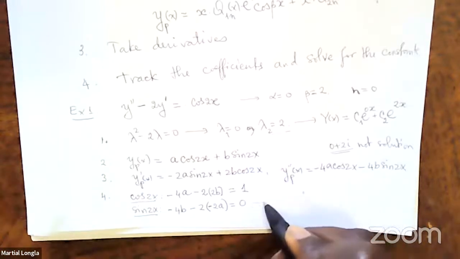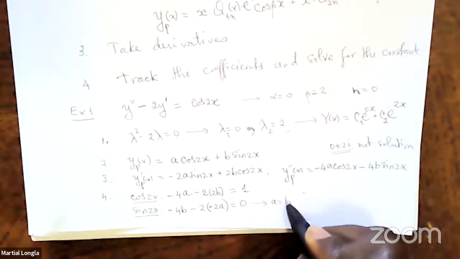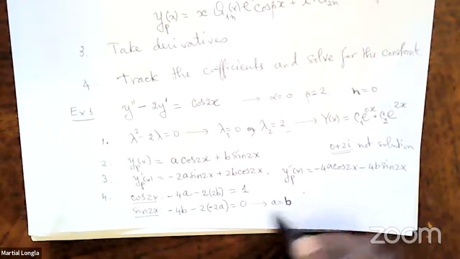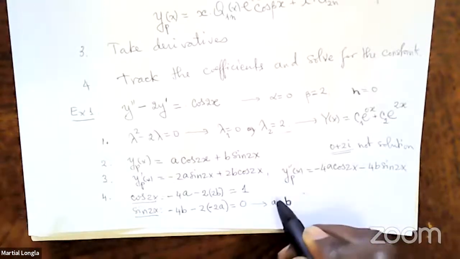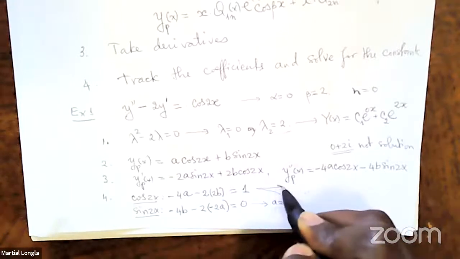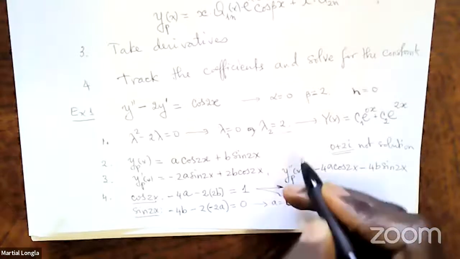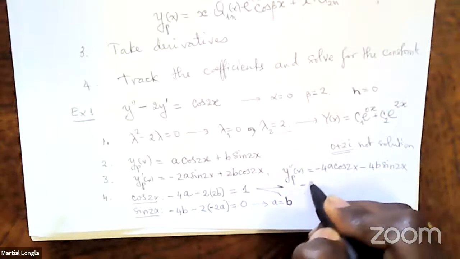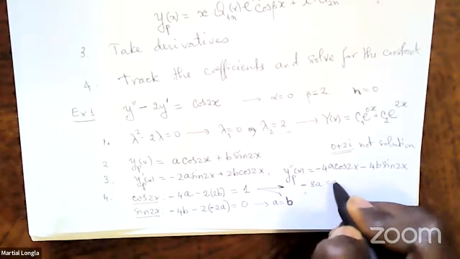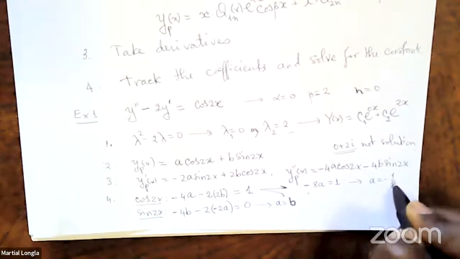So this second equation solves into a equals b. You take that equality into this equation, it gives you minus 8a equals 1. So a is minus 1/8.